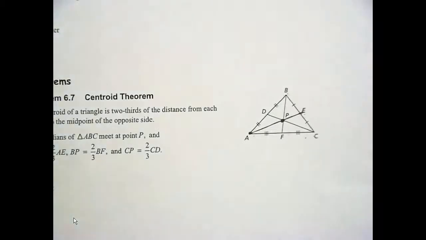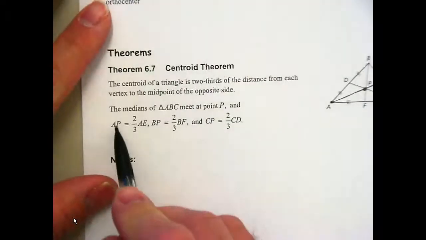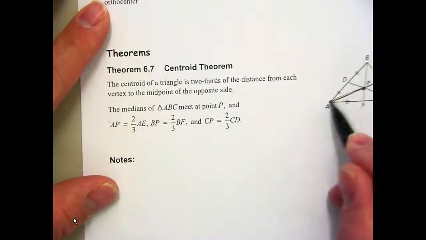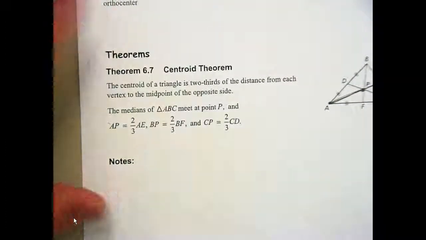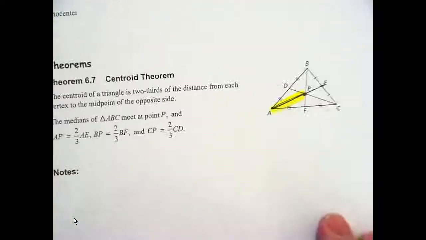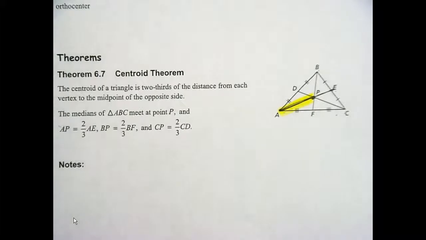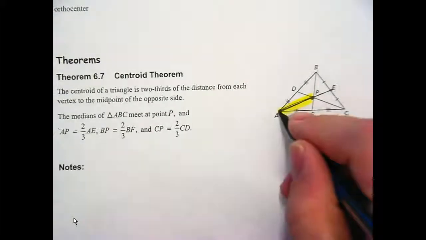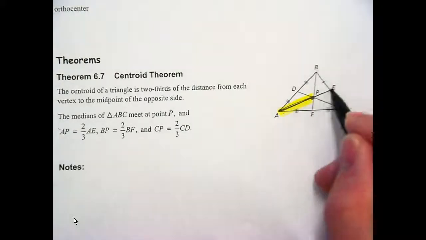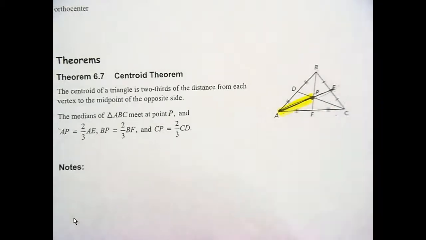Okay, the properties of the centroid. If I were to take AP, this length right here, that length is 2/3 of our entire length, AE. Which means PE is what portion of the entire length? 1/3.